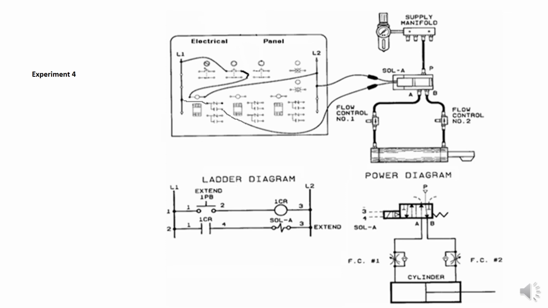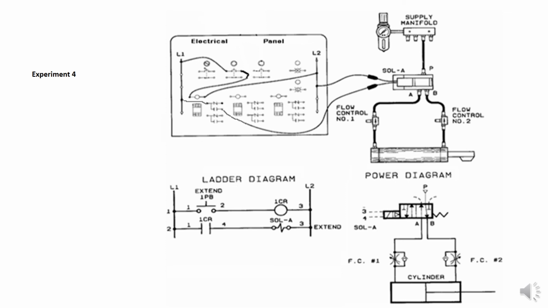In this diagram, all we're going to do with it is use the control relay's contacts to energize solenoid A. So looking at the ladder diagram, when power is supplied to the circuit and 1 PB is pushed, power is supplied to the coil of the control relay, and the contacts, which are normally open, will be closed.